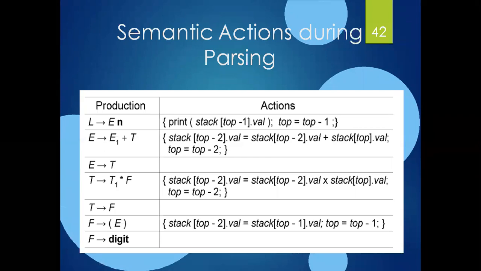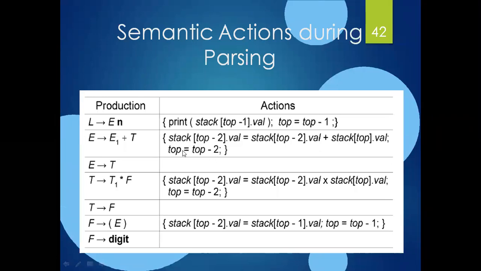Now, what is on the top of the stack? When I'm pushing this E1 plus T onto the stack, E1 is pushed onto the stack, plus is pushed onto the stack, and T is pushed onto the stack, right? And here top is equal to top minus 2.